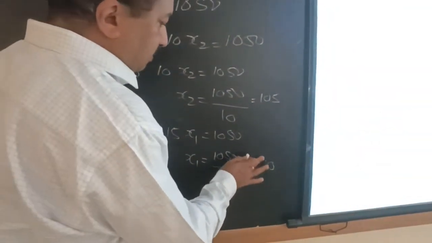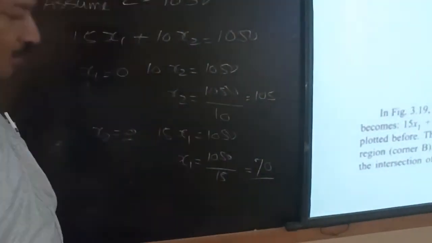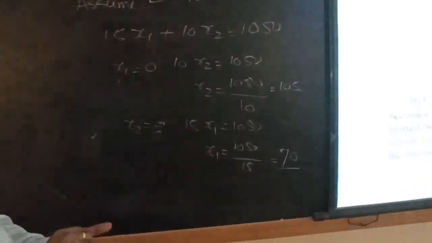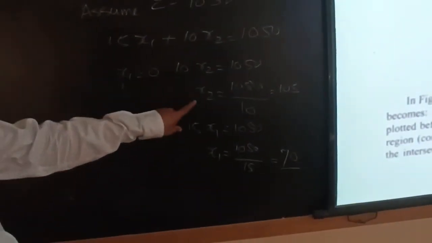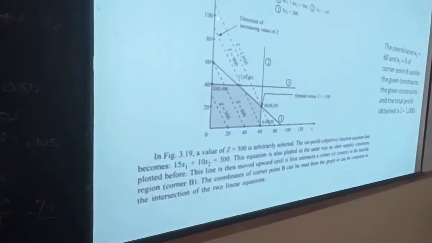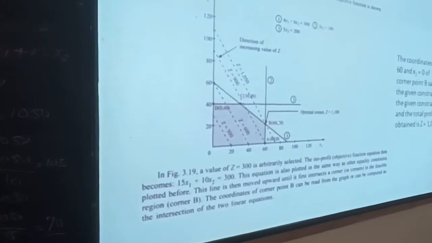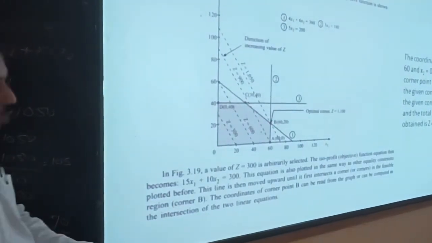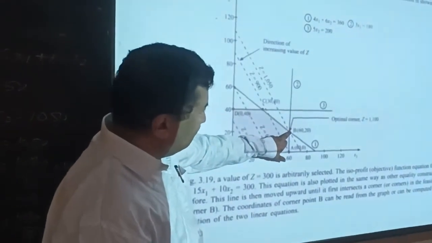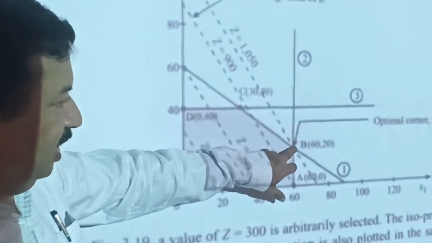I think 70, not 111, 70. 15 7s are 105, 70. So the coordinates: x1 is 70, and x2 is, for this dotted line, 105. That line just crosses over. So wherever it crosses over, we know the maximum profit. Here is the place where the profit is maximized.